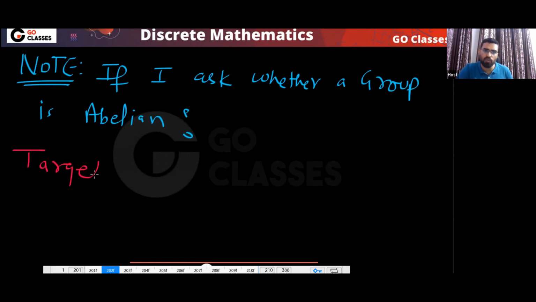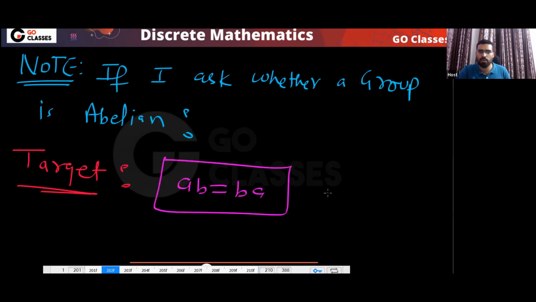What do you want to prove? Your target is AB equal to BA. Remember, keep this target in your mind.